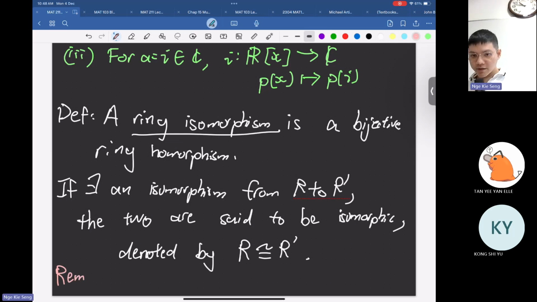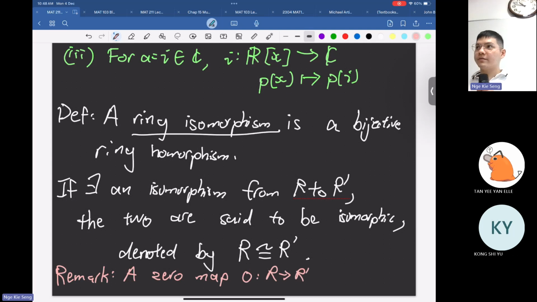One thing to note here: you can consider a zero map between the rings. Do you think that this is a ring homomorphism or not? Why not?